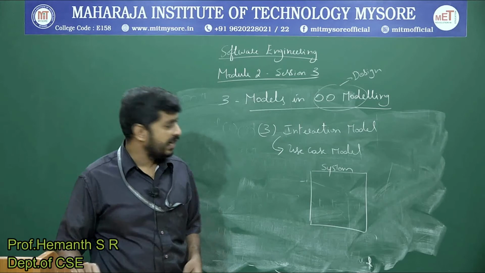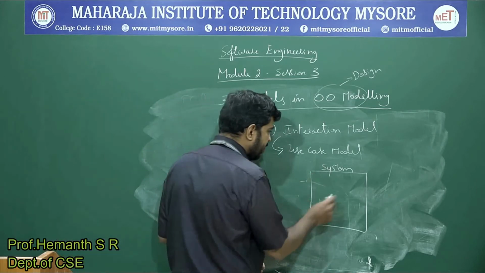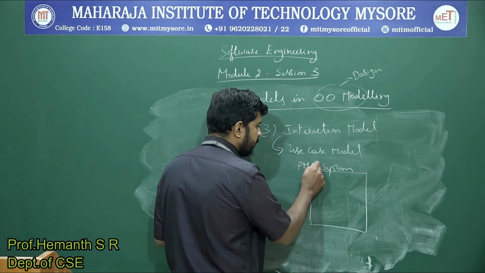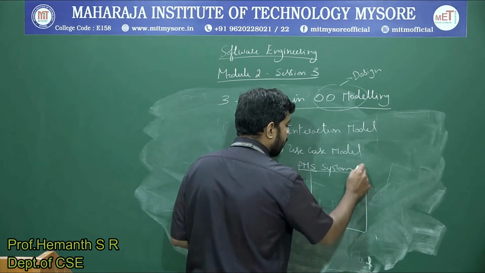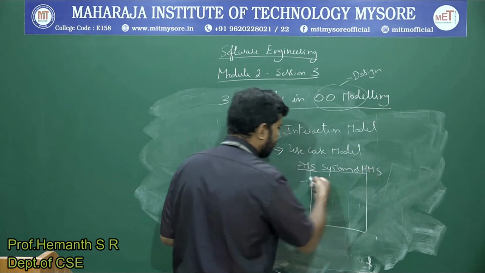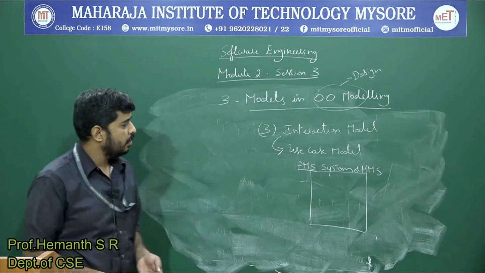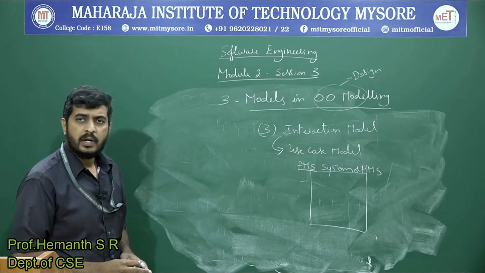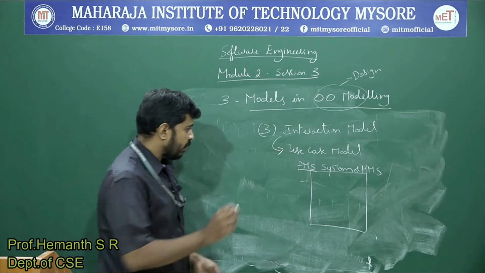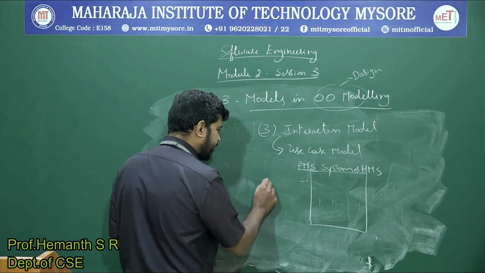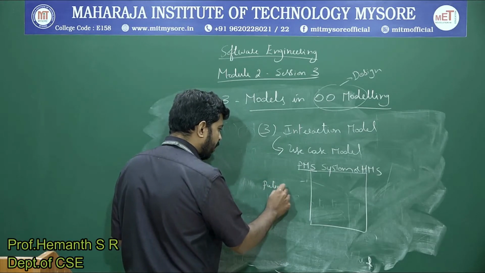For more clarity, I will take an example. For example, consider this is a patient monitoring system, okay, or the hospital management software. Hospital management software or patient monitoring system, whatever it is. Okay. Who are the different actors who are involved with this system? So as we had already discussed previously, it may be a patient. Okay.